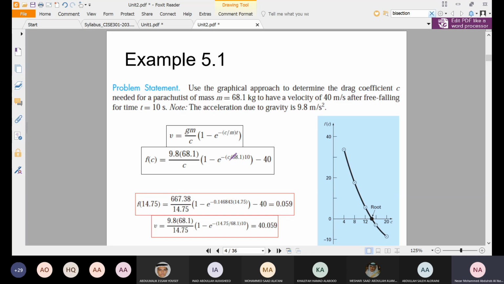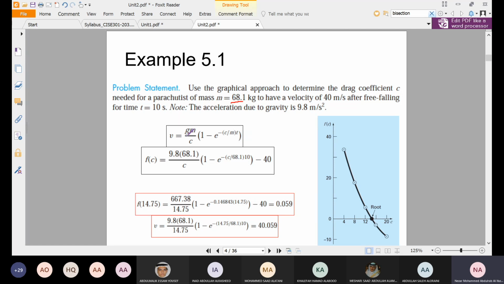Let's go for this example, guys. This is the first example from the textbook, chapter 5. It gives the equation that represents the velocity of a free-falling mass, where the mass m is equal to 68.1 kilograms.